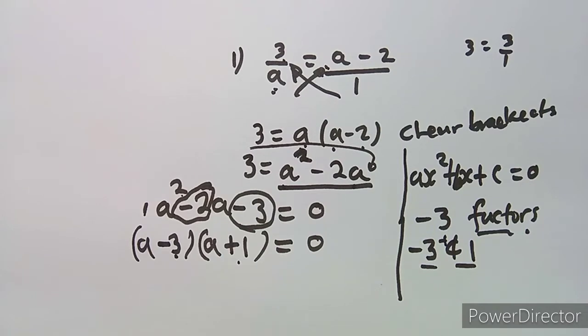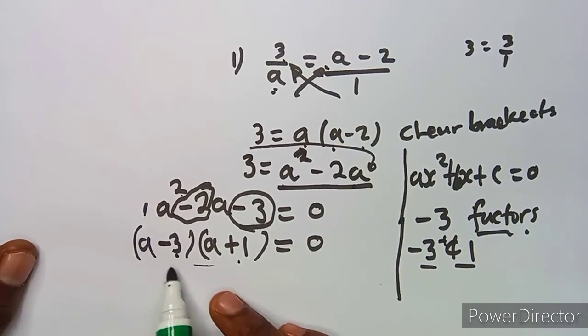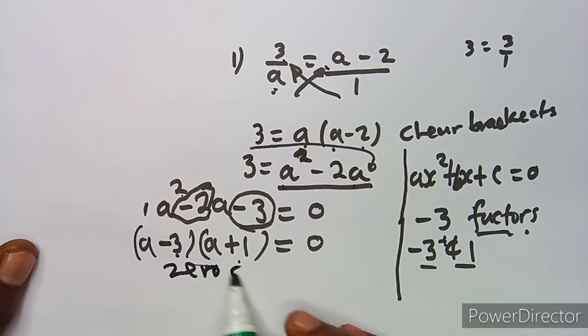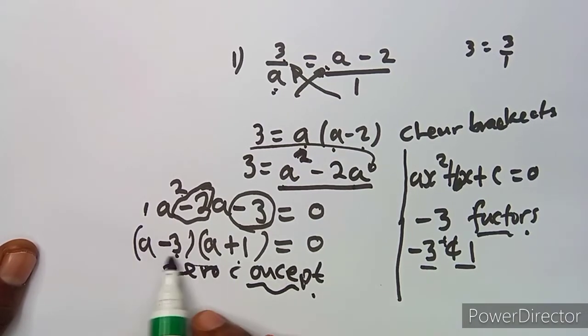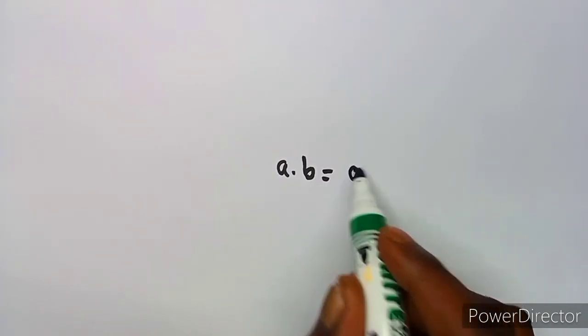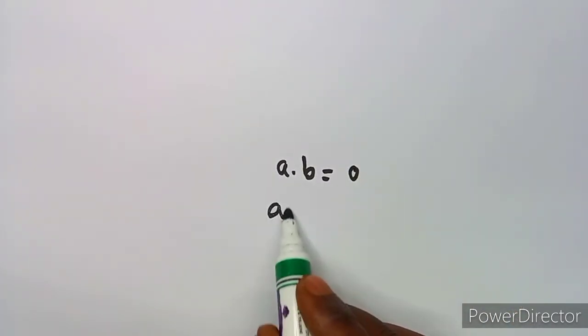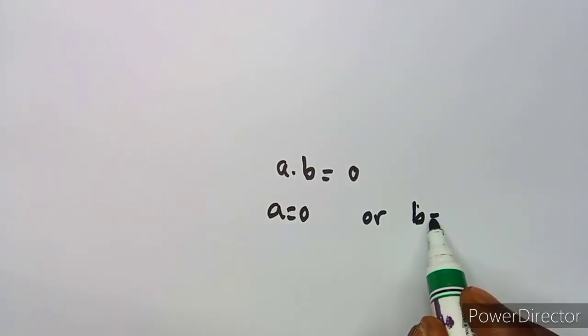All right, so here we are now solving. We are going to equate each bracket to 0, because here you have to apply the 0 concept. What does the 0 concept tell us? It tells us that when two terms are multiplying each other, a times b is equal to 0, it means a is equal to 0 or b is equal to 0.